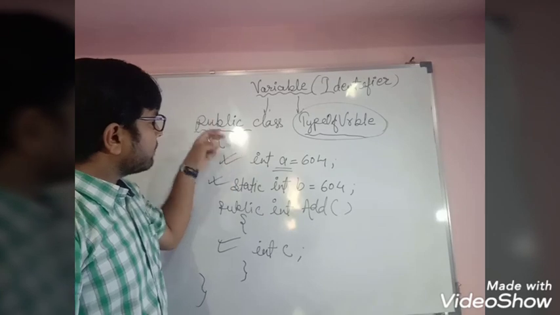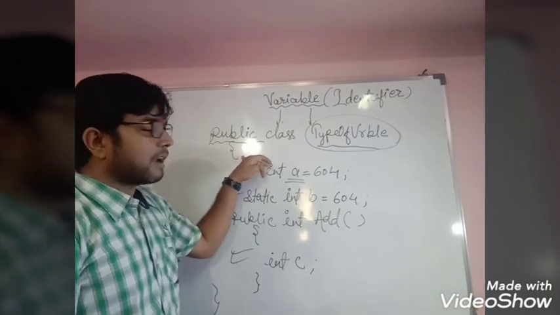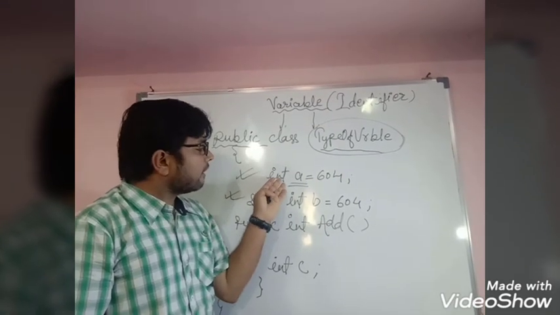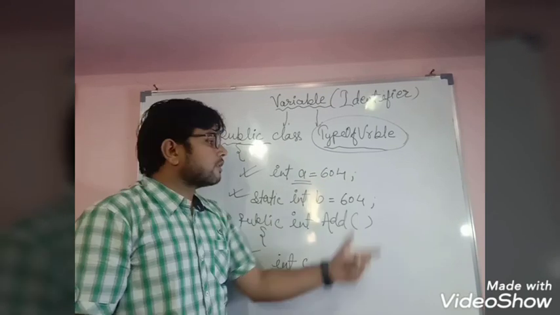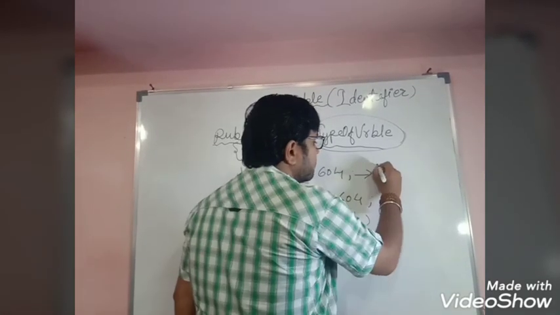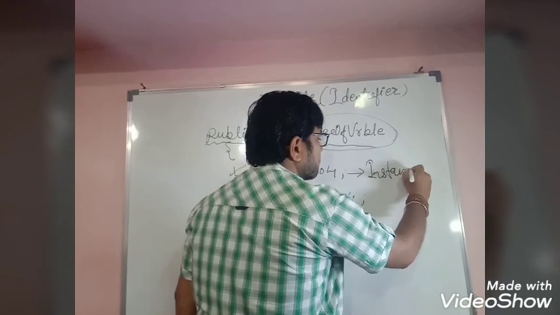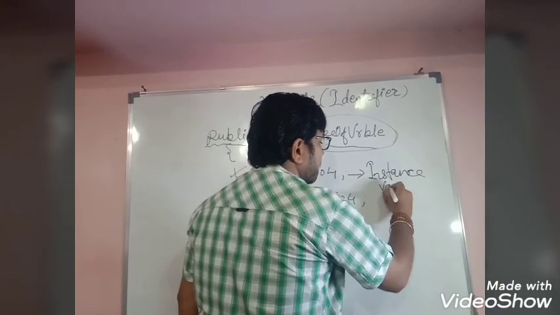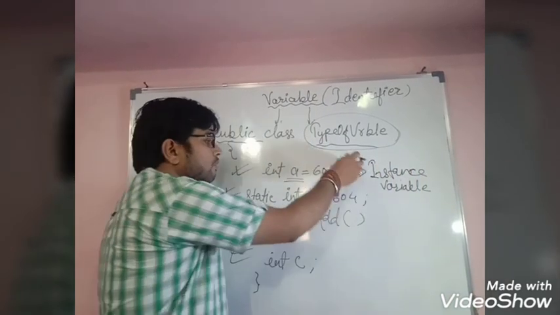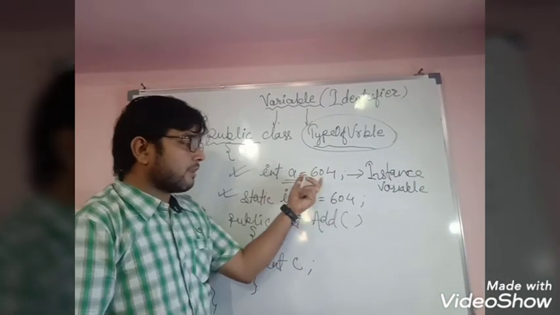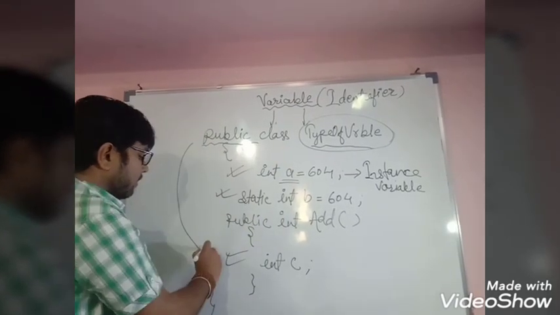When we define public class and a curly bracket, after the curly bracket I have defined one variable, int a equals to 604. This is called an instance variable. Now you have to know what an instance variable is. An instance variable has the scope in the whole class.